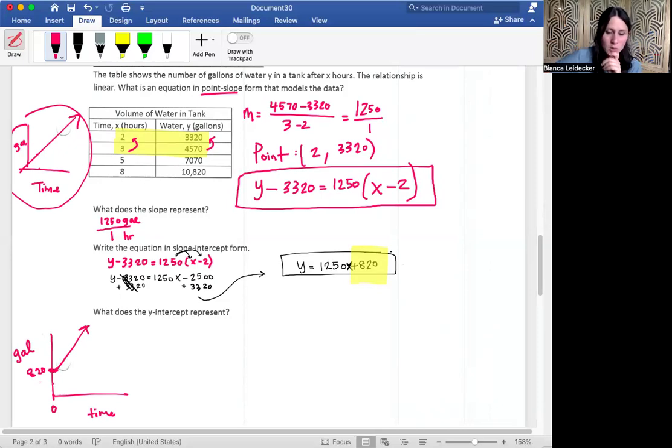That means the volume of water in my tank when I start the experiment is 820. You can write this down; I'm not going to write it, it takes too long. It is how much water was already in the tank before we started timing. So it's the original amount of water in the tank, 820 gallons.